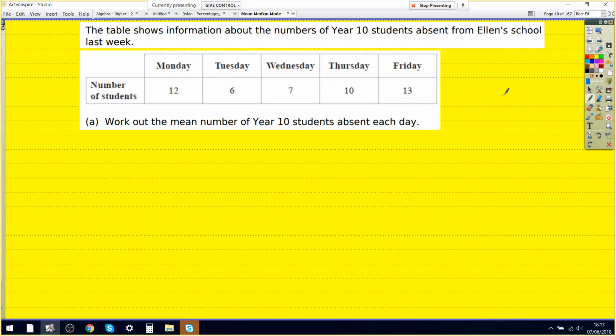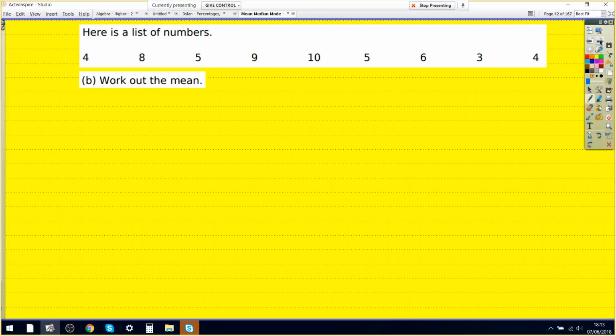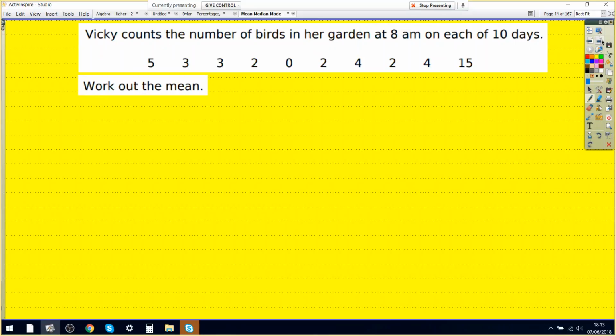What would you divide by for the mean for these? 5. Yep. So I'll just divide by 5, and I'm sure you can put that in your calculator, you'll be fine. This one is the same. What would you divide by for this one? 10.